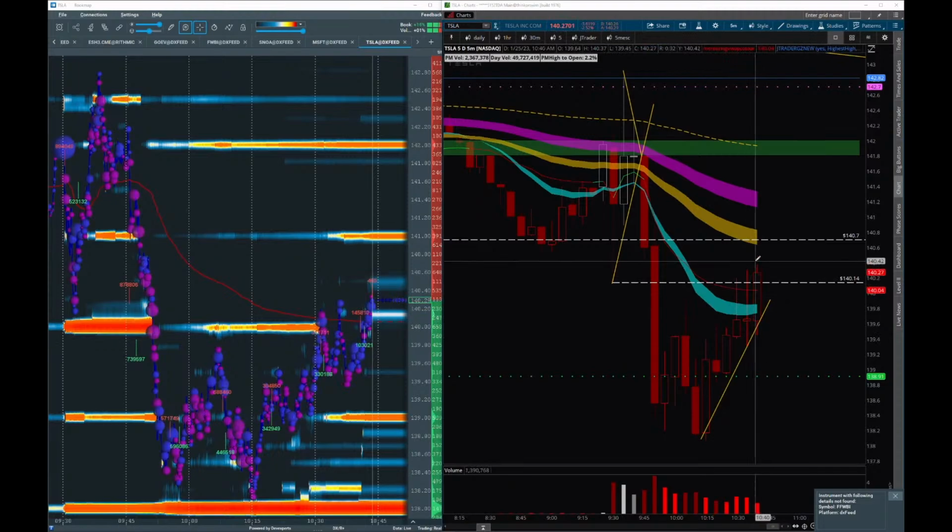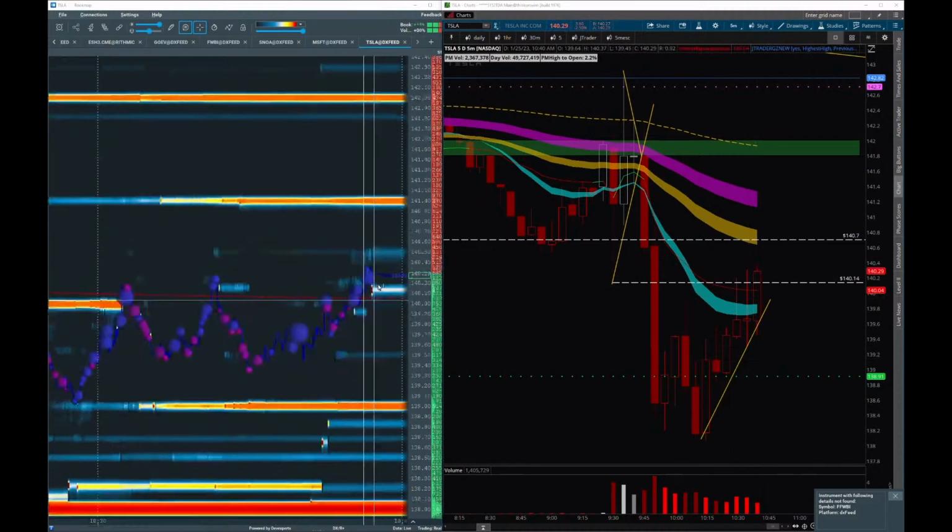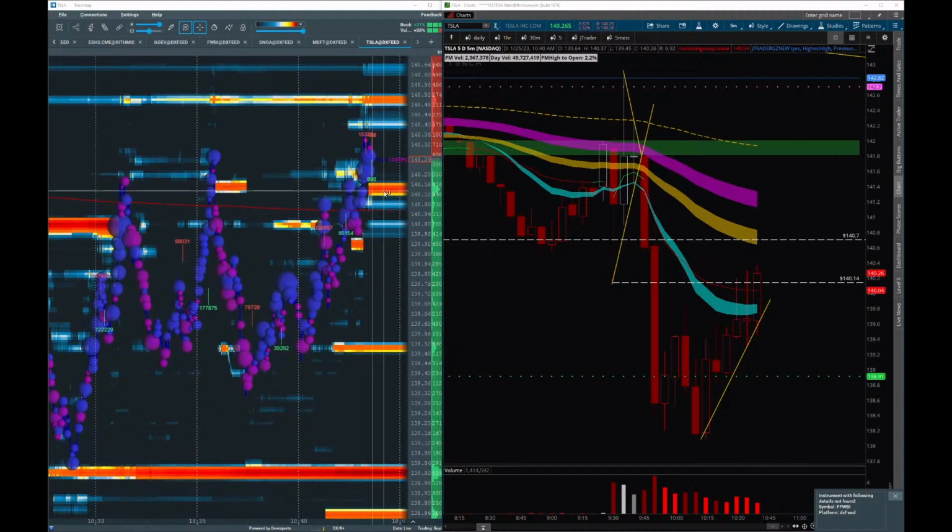They're starting to reclaim over here the 140. We have some buyers over here. You can see that they're trying to stack that 140.15.